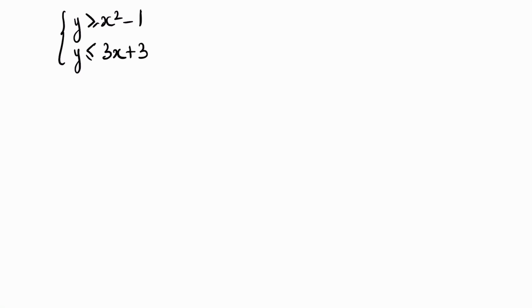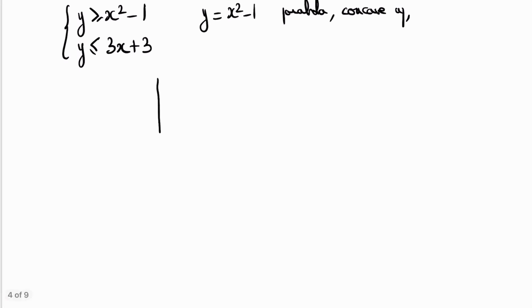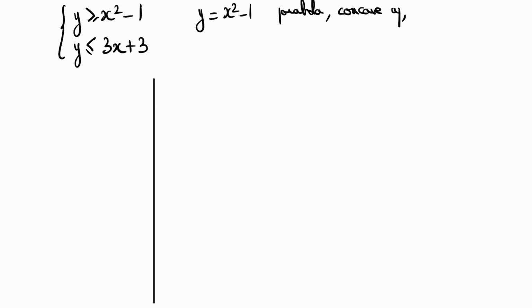Okay, so first we are going to graph y equal x squared minus 1, which is a parabola, concave up, because the coefficient of the x squared is positive. And compared to y equal x squared, it's just moved 1 unit down. So that would be like this.